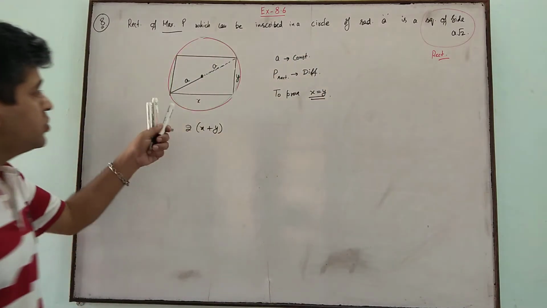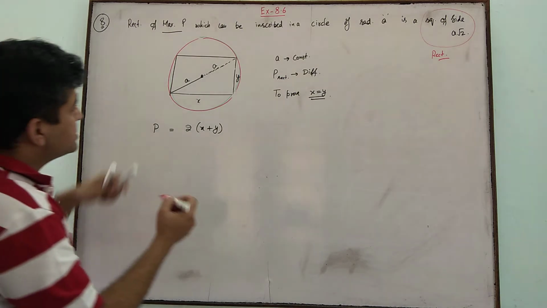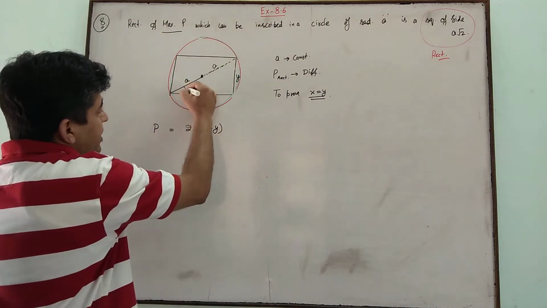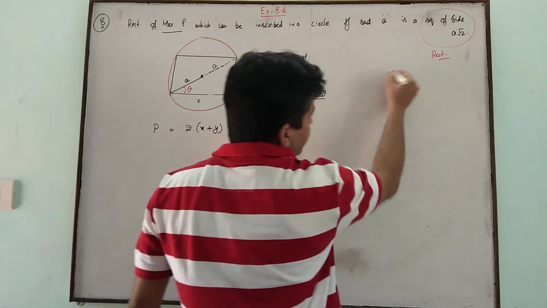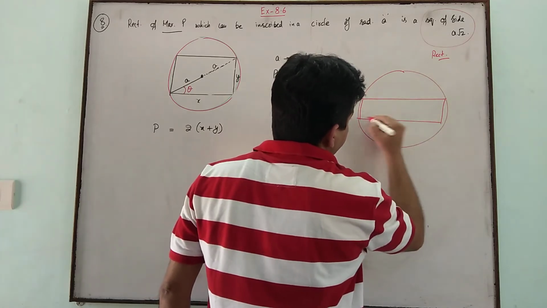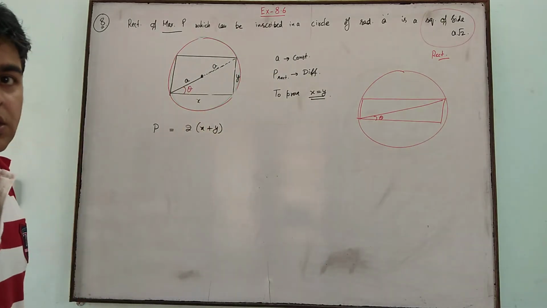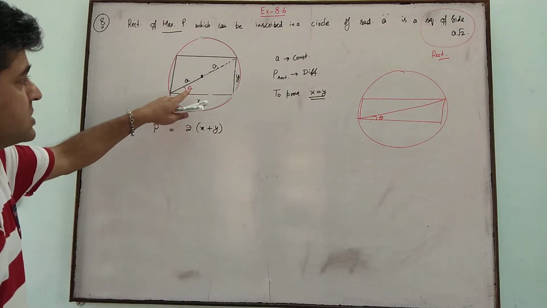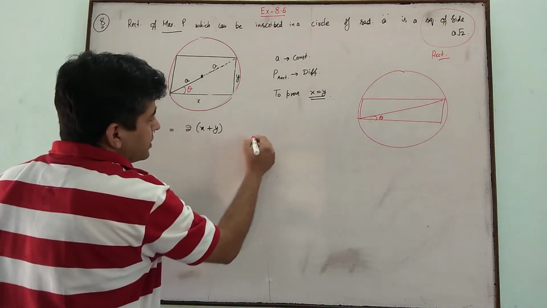Now, as this is in two variables, x and y, we need to convert it into a single variable. You can see easily that if the dimensions x and y change, theta will also change. So we will convert x and y in terms of a and theta.